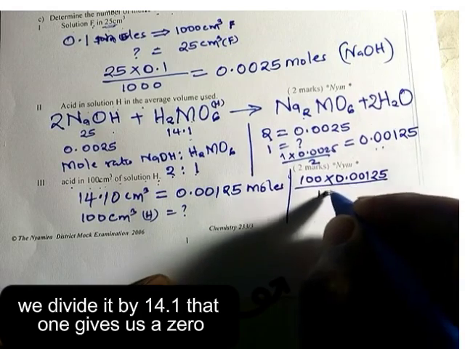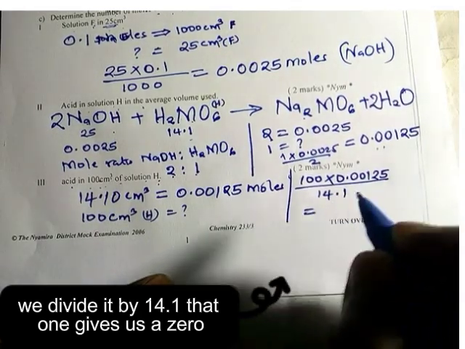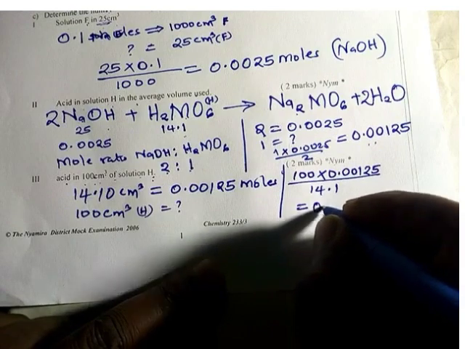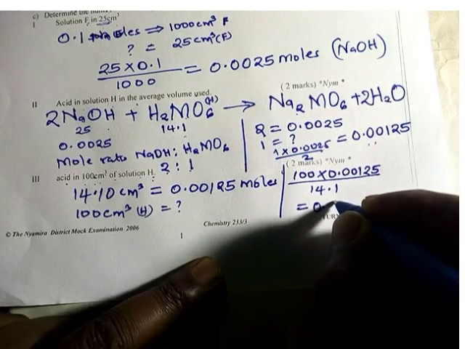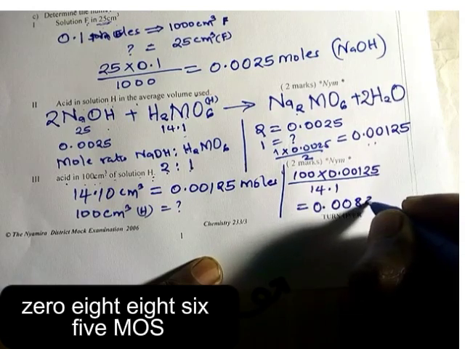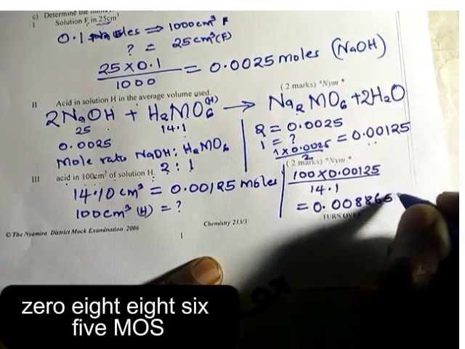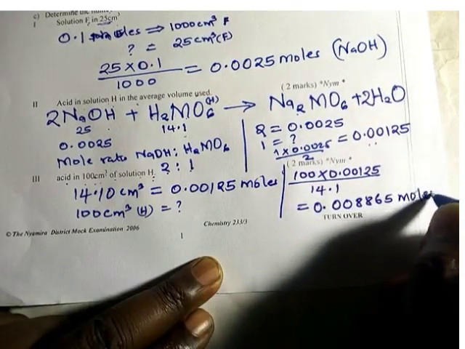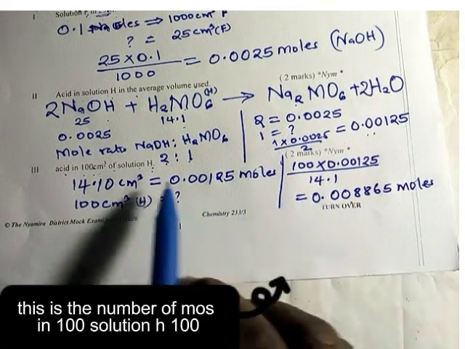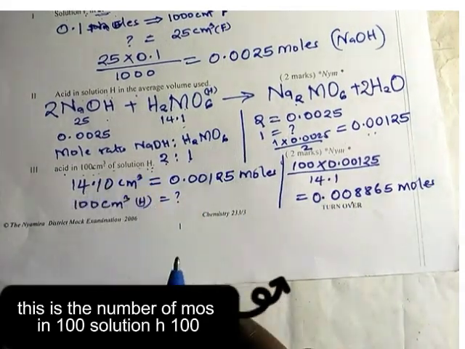We divide by 14.1. That one gives us 0.00865 moles. This is the number of moles in 100 solution H.